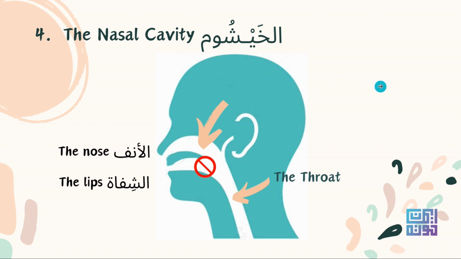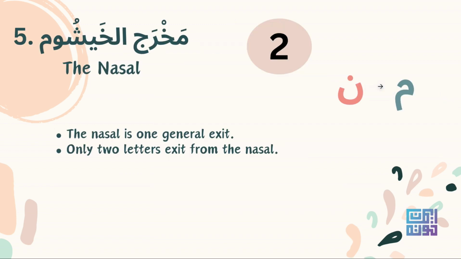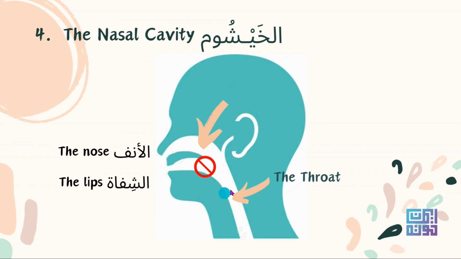What about the nasal? The nasal is 1 general exit. Let's have a look again here. This is the nasal. The air goes from here, and instead of going through this empty space of the mouth, it goes through this space which is called the nasal, pronouncing a sound which is called ghunna.